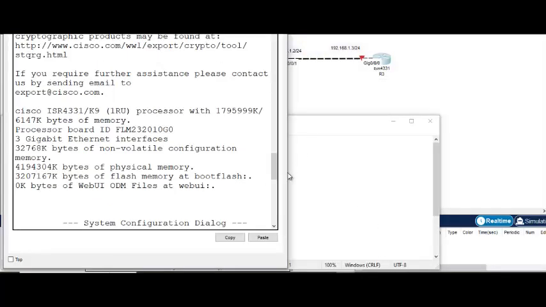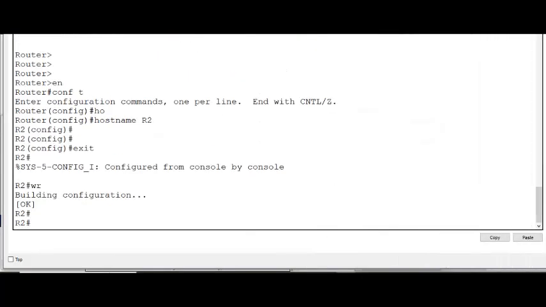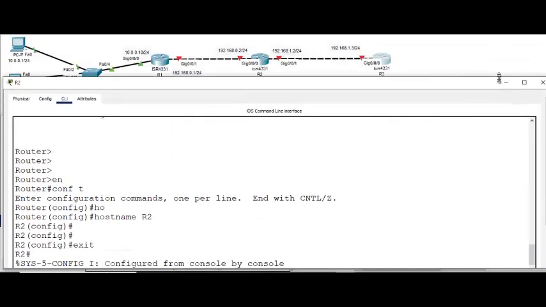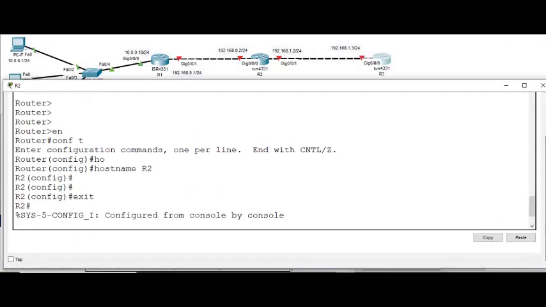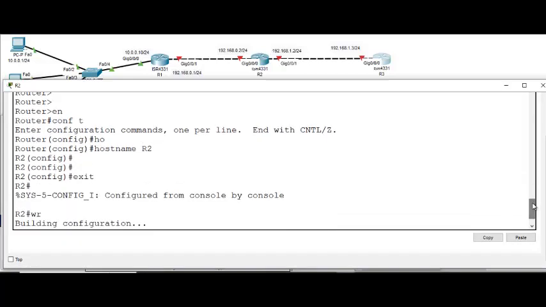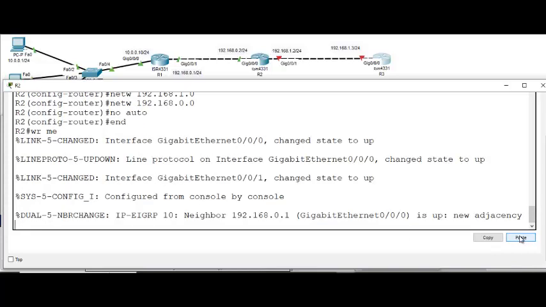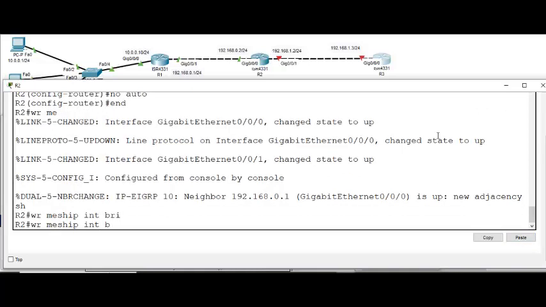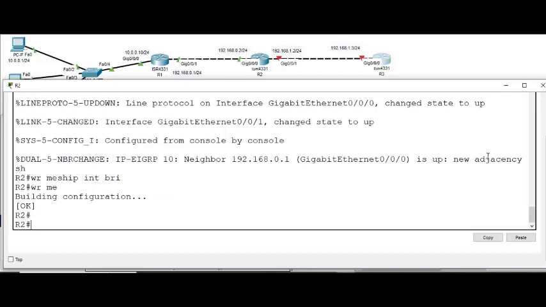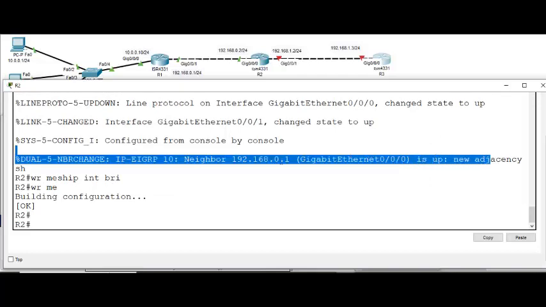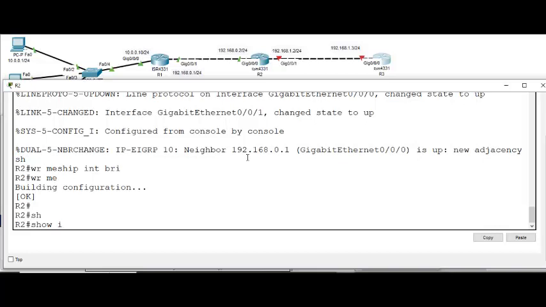Verify, show IP interface brief. You can notice that there is an EIGRP adjacency already with router 1. The other interface is down because router 3 is not ready.